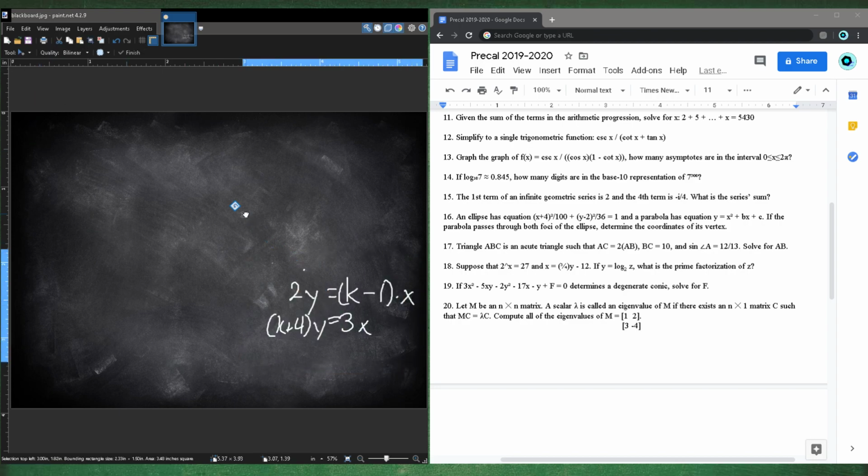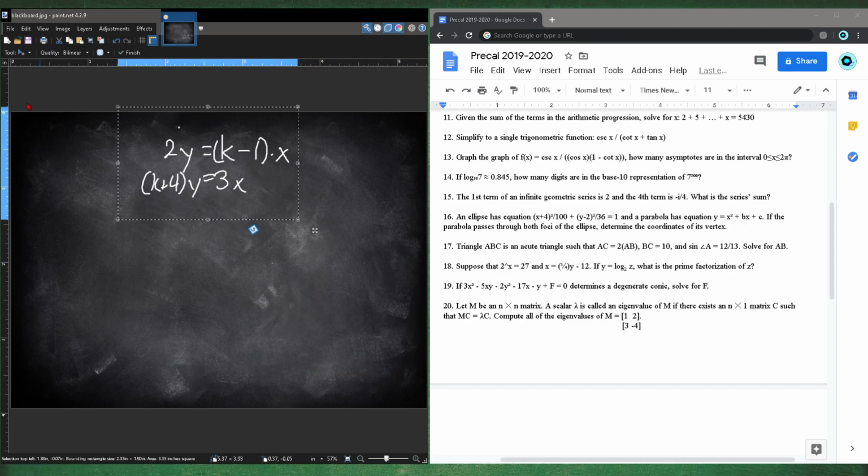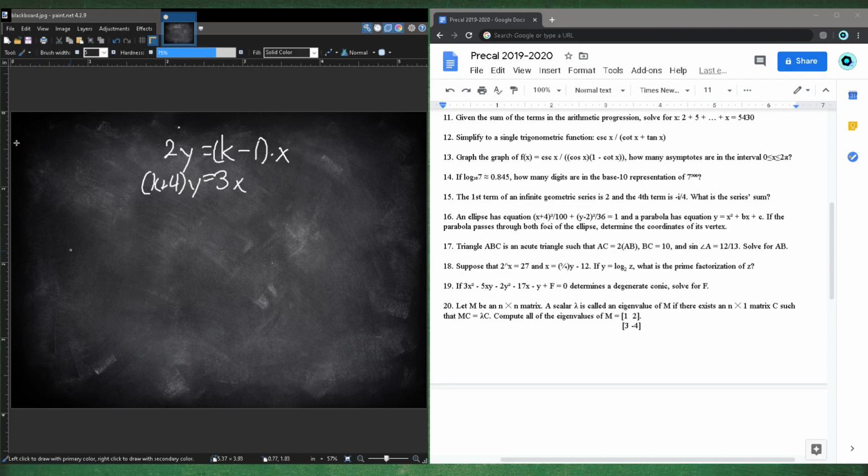So now, how do we find k? Well, let's first make this like an equation. The first one is y equals k minus 1 divided by 2 times x, and the other one is y equals 3 divided by k plus 4 times x. That tells us, since we want the equations to be the same, we have to have the slope the same.